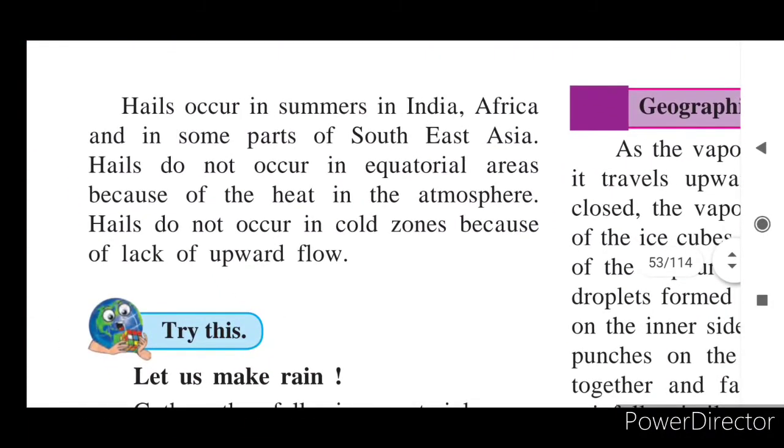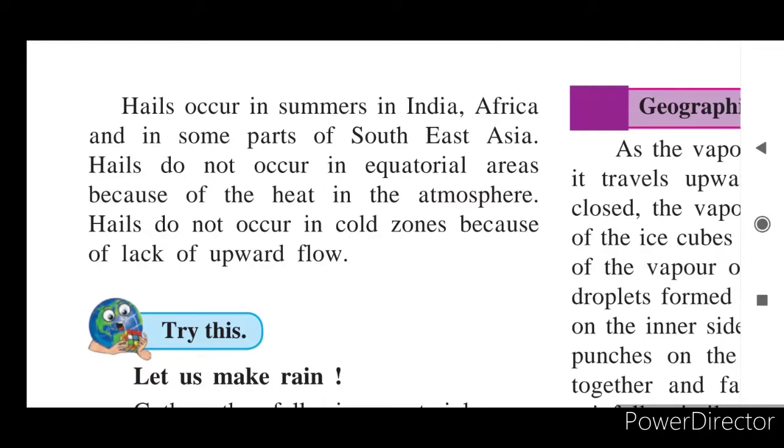Hails occur in summers in India, Africa, and in some parts of Southeast Asia. Hails do not occur in equatorial areas because of the heat in the atmosphere. Hails do not occur in cold zones because of lack of upward flow. So here it is said that in India and some parts of South Africa and Southeast Asia, we find hail fall.